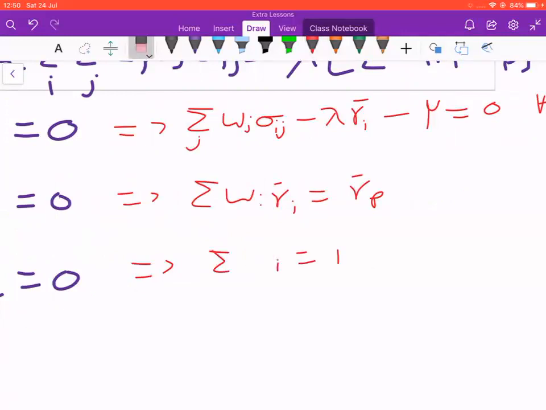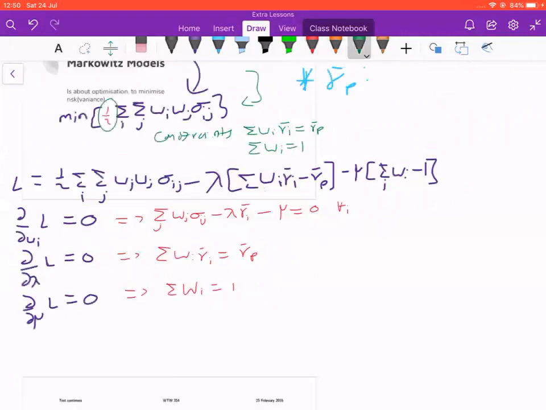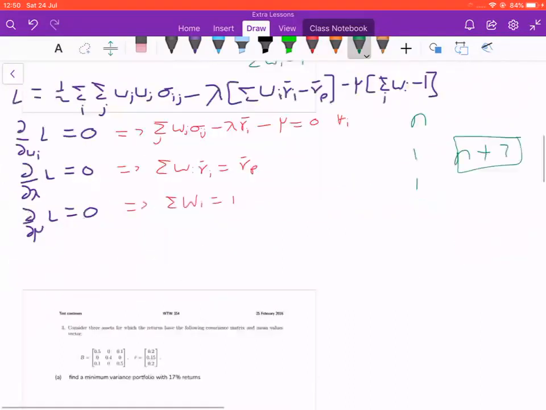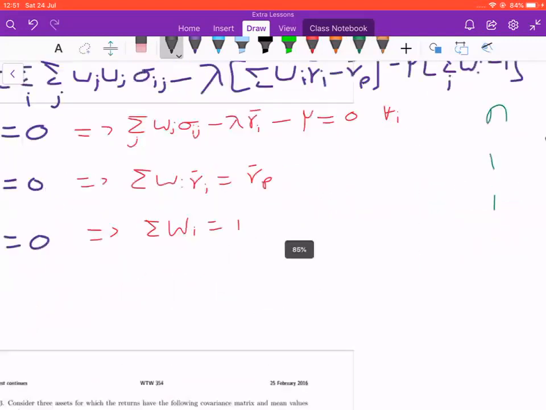Sorry about my W's, they're so ugly. So basically you will have n plus 2 functions, right? To prove it, you can write this as a matrix form in order to solve it simply.